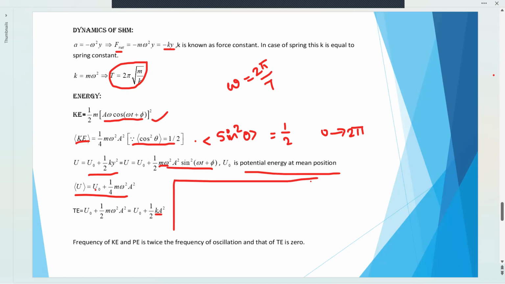Suppose the k value is 2 Newton per meter, and the a value, let us take 4 meter.